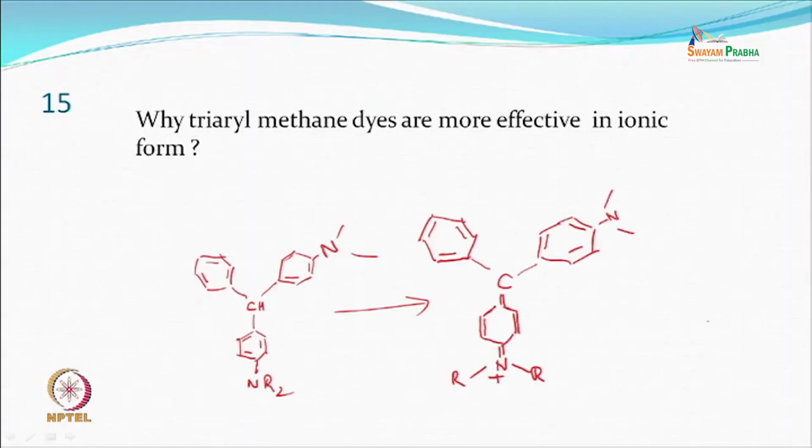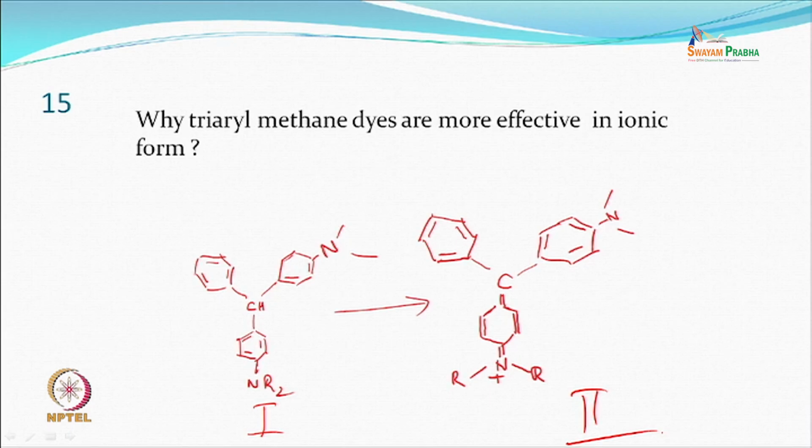But if we look at a dye which is the first structure versus the second structure, you can see that if cations are not there in any condition, then the conjugation is also not very good.